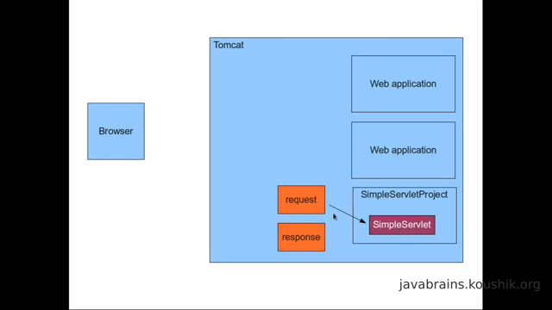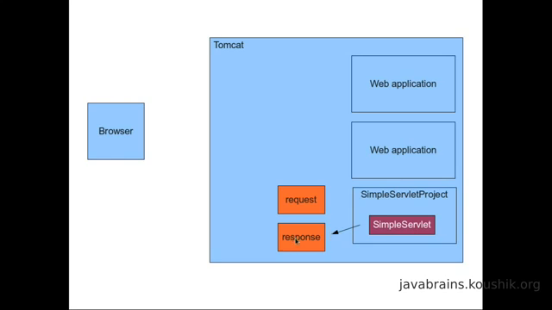The simple servlet picks up this data, does the processing, and then publishes its result to the response object. So if you're generating HTML code, then the HTML code goes to the response object. You can pretty much write anything you want and it'll get generated in the response.